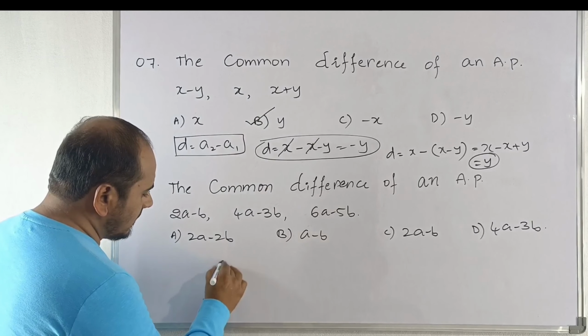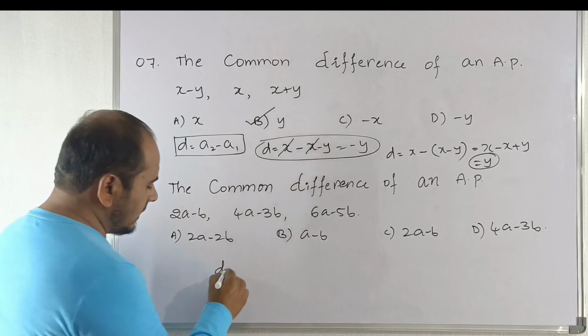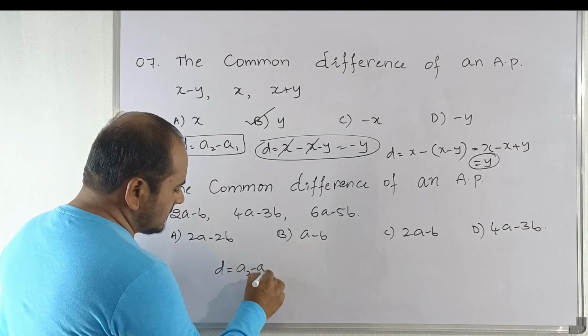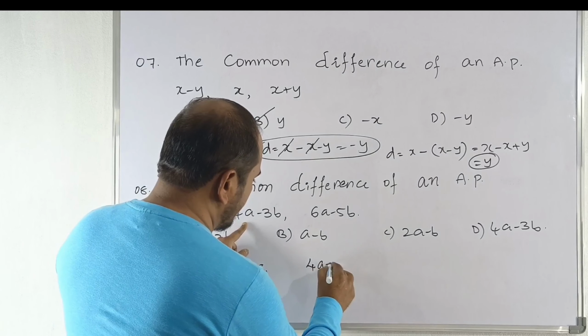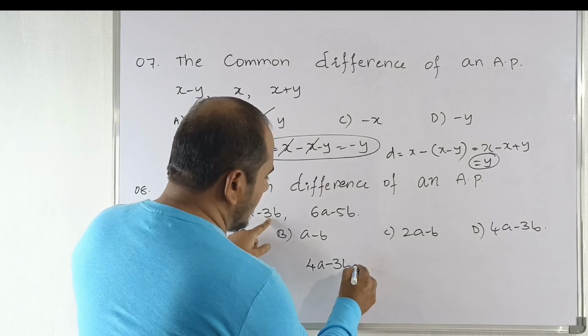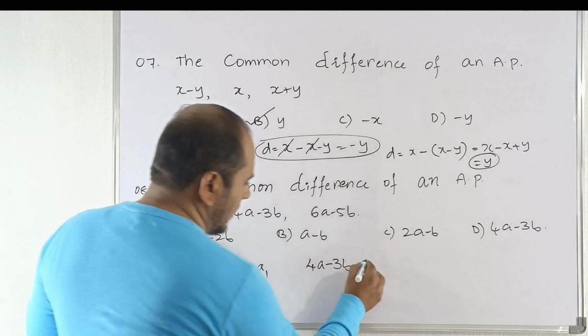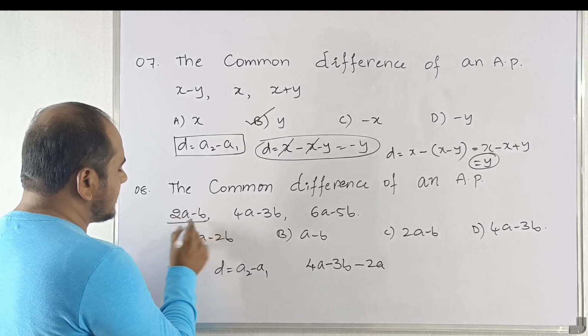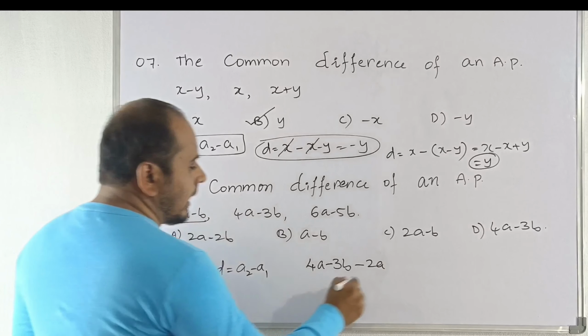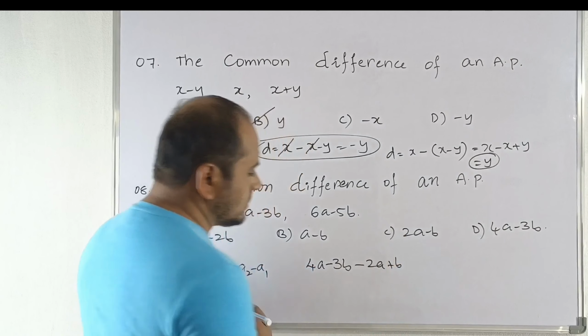Now we need to find the common difference. Again the same, A2 minus A1. Let us do 4a minus 3b minus 2a. Because here a bracket is there, minus of minus, these symbols will be changed. Minus 2a and plus b. Directly I took here.